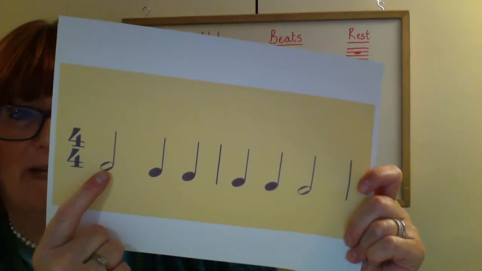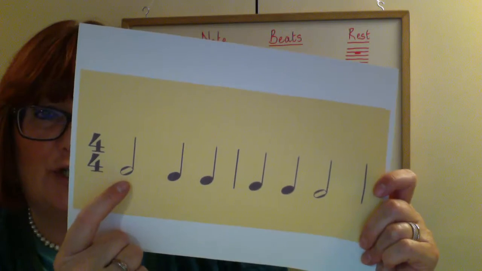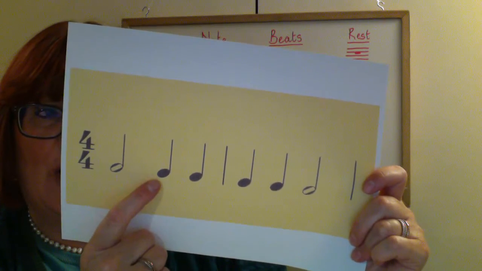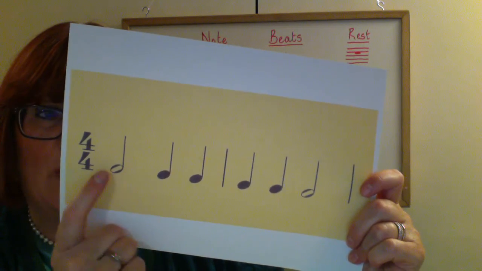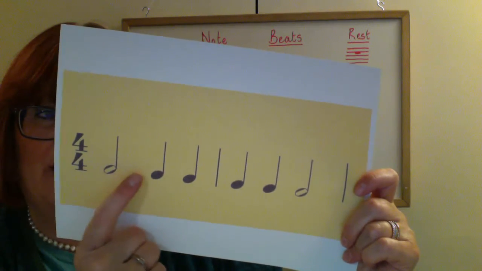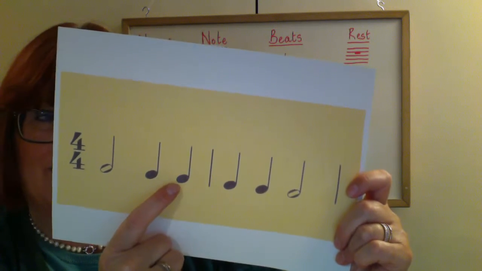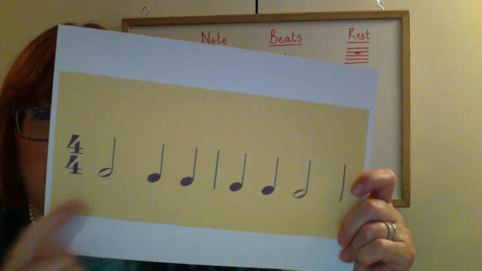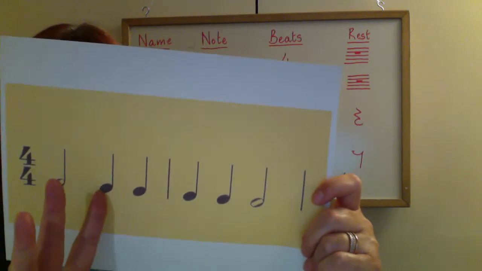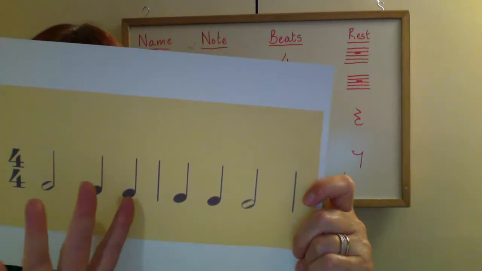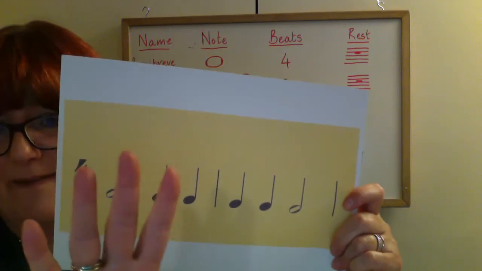Because look, how many beats do we have on here? Can you remember? 1, 2. How many on this? 1. So that's the third beat. First beat, second beat, third beat, and then fourth beat. So put 2 fingers up for that one. And then we've got another finger for this crotchet and another finger for this crotchet. And there are our 4 beats.